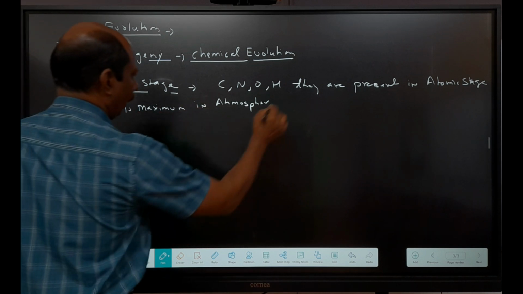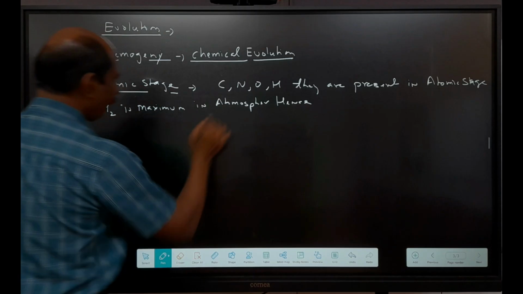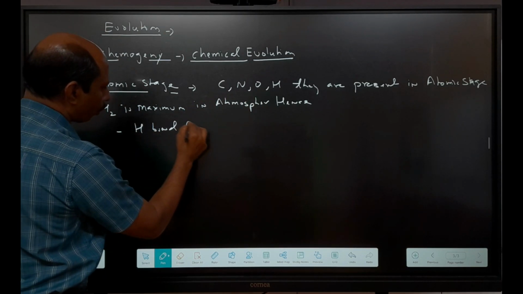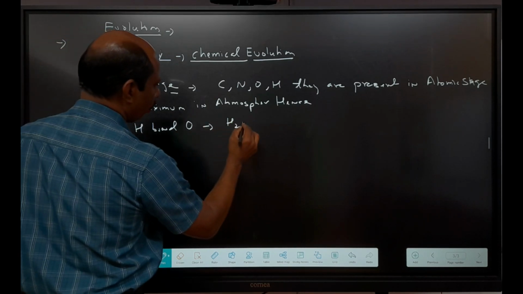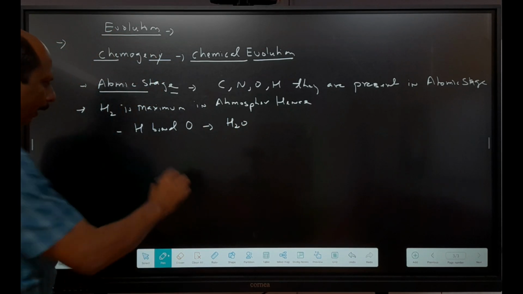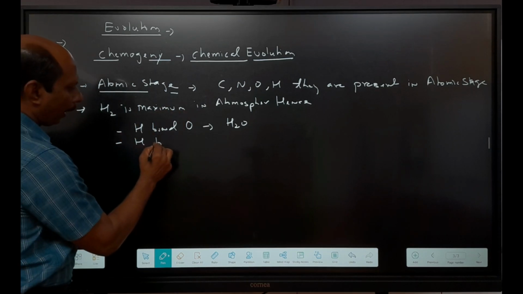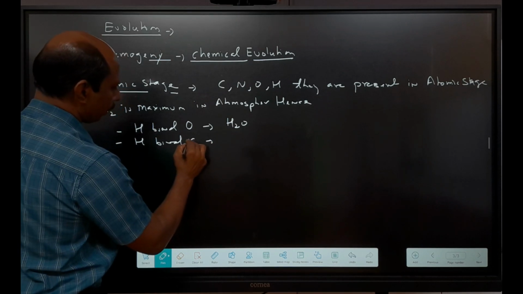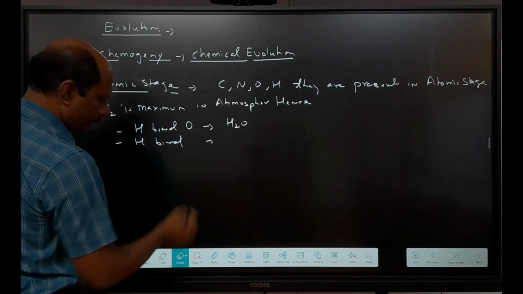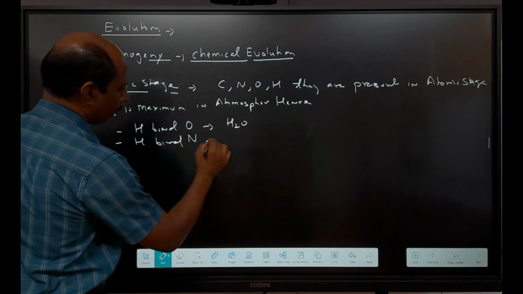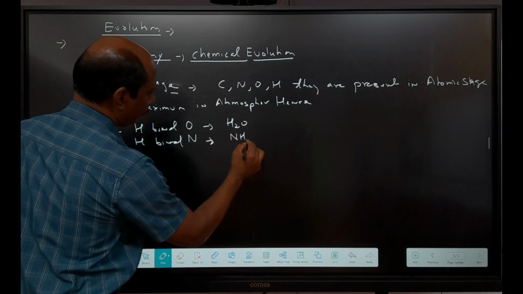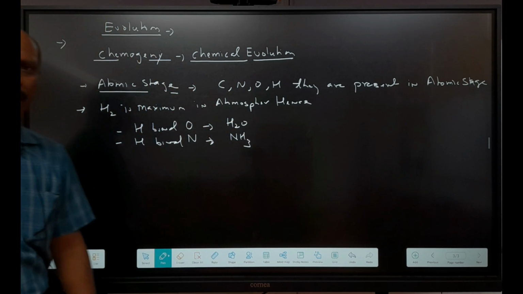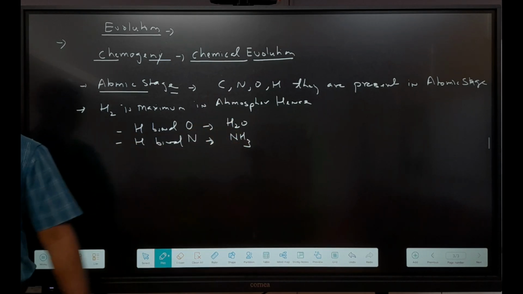So when this hydrogen binds with oxygen, it forms H2O. Right? Second, when hydrogen binds with nitrogen, because here inorganic substances are formed, it forms ammonia. That means ammonia and water are formed.